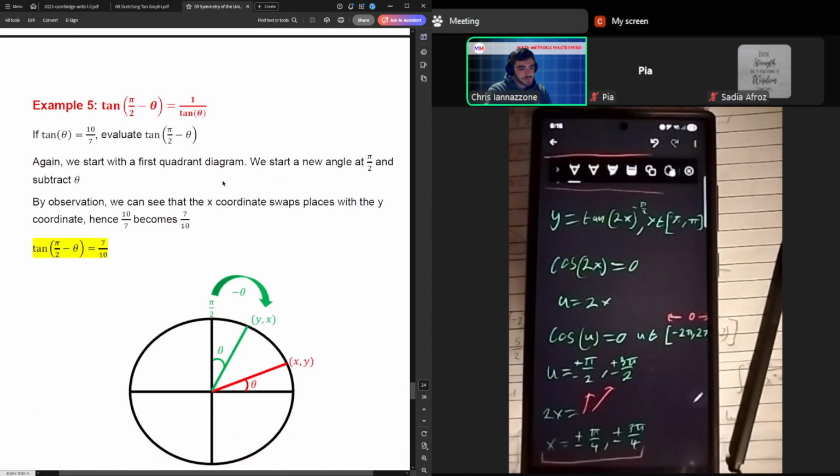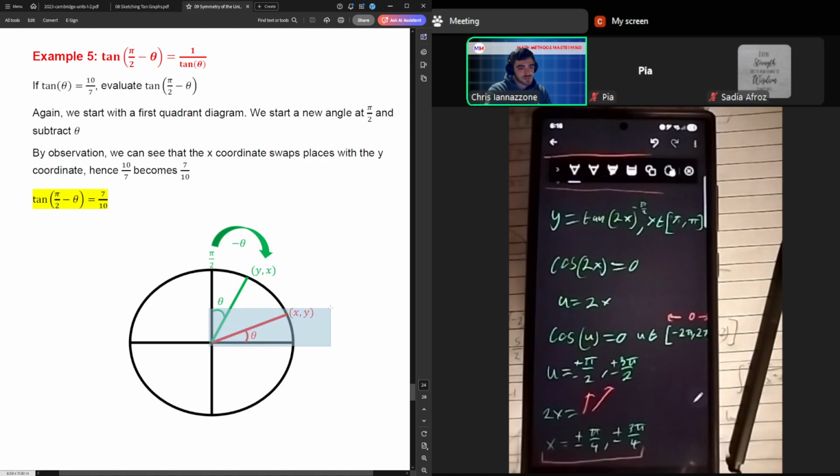Tan is a bit of a weird one, but the same principles apply. So we've got tan is 10 over 7, which gives us some initial xy. Pi over 2 minus theta means it flips. But as far as what that means for tan, it just means you flip the numerator and denominator. So you'll find that these will typically be fractions, otherwise it's a bit difficult to work with. You might get something like 0.1 or 0.2.